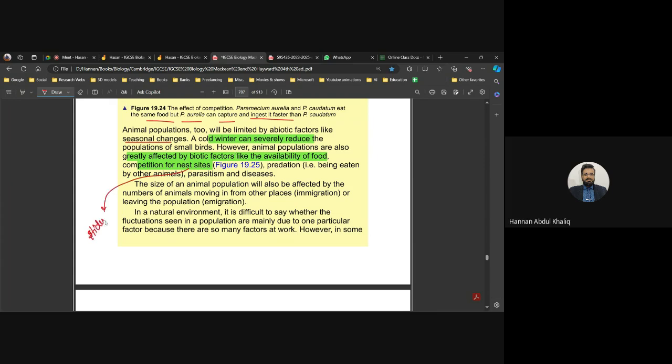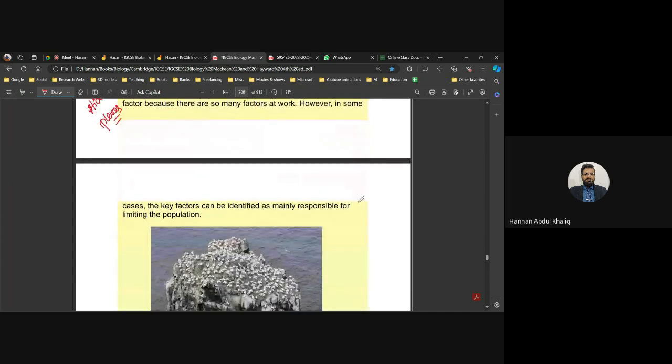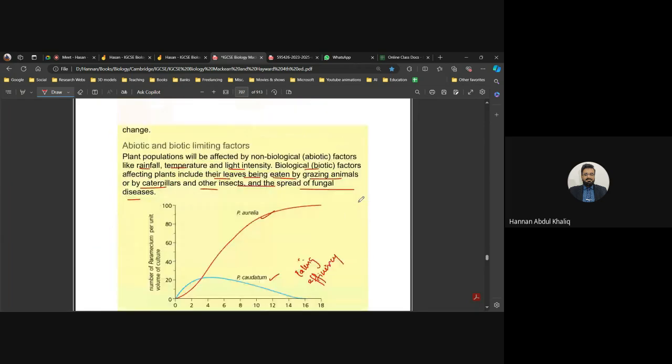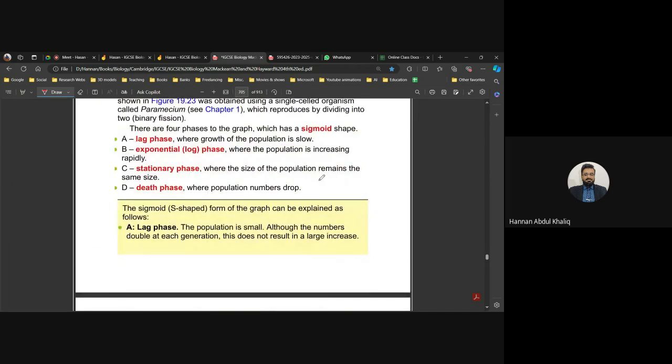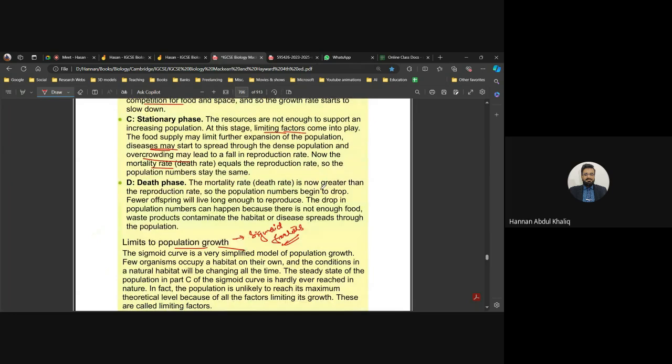If there are not sufficient hiding places, they are not going to survive. Predation is there, parasitism and diseases are also there. These are very simple things, so you can just remember the names, because the other things you can remember by yourself.